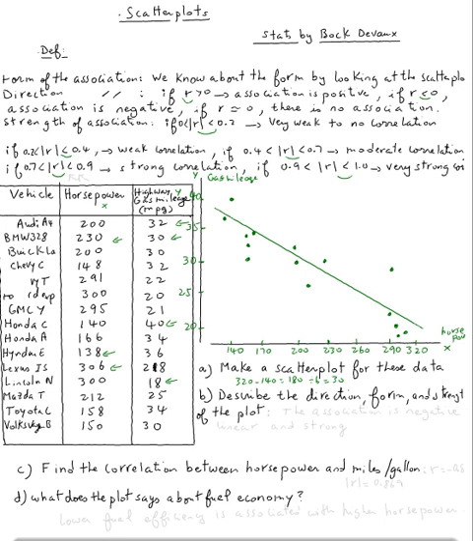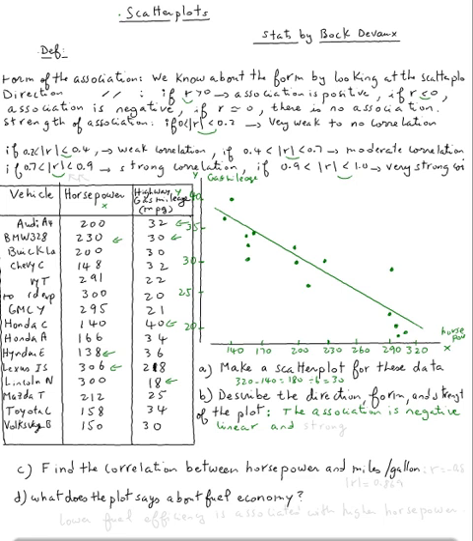The association is negative for the direction, negative, linear, and for the strength, it's better to find the correlation.